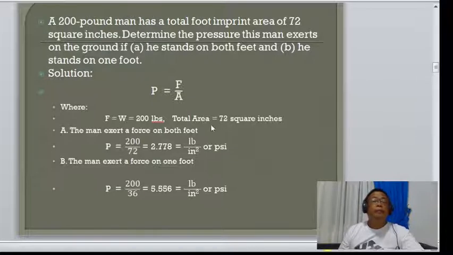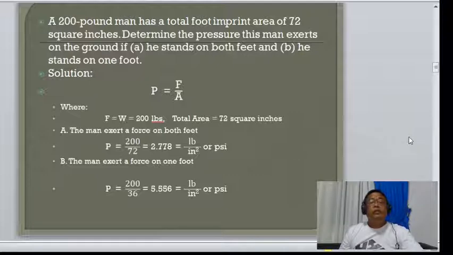Why pound per square inch? It is because the problem is given in English system. But anyway, we can change this pressure from English system to another system of units, maybe to MKS or to SI units.